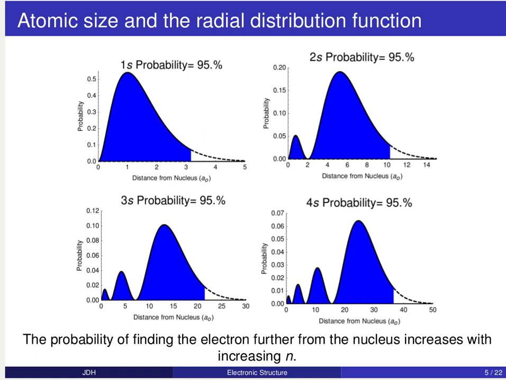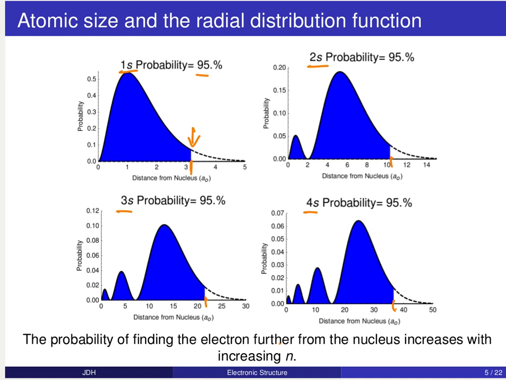When you lock down a 95% probability region for finding these electrons, and you compare the relative distributions for a 1s, 2s, 3s, and a 4s, we can see that in order to capture 95% of those events of finding the electron, you go out a little beyond 3 Bohr radii for a 1s, beyond 10 Bohr radii for a 2s, beyond 20 for a 3s, and getting close to 40 Bohr radii for a 4s.